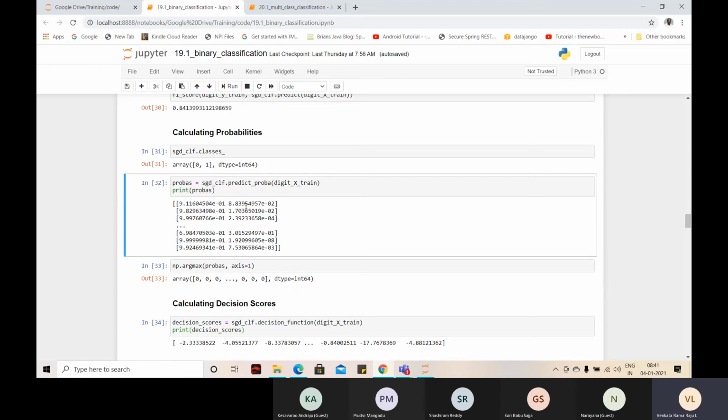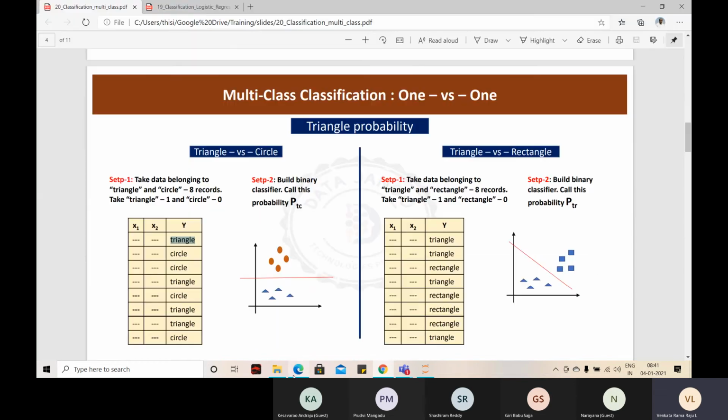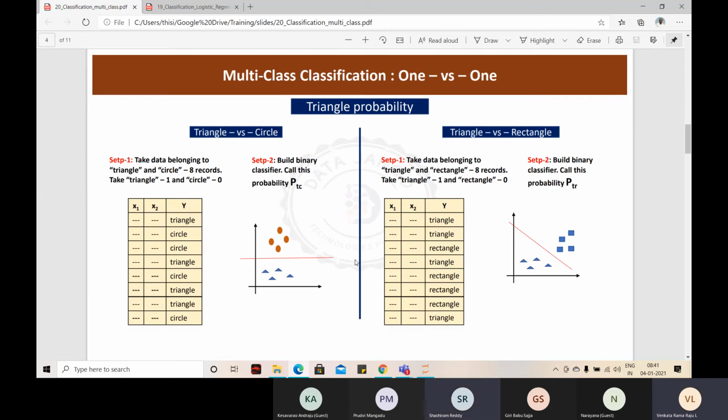Instead of doing that, you can take 1 minus and then take the probability. If the value is close to 0 on the one class, that means the probability on the 0 class is high. So 1 minus of this is that. Got it? I think you got it.